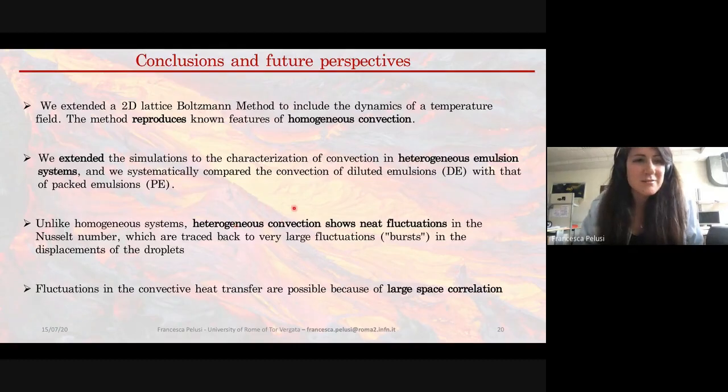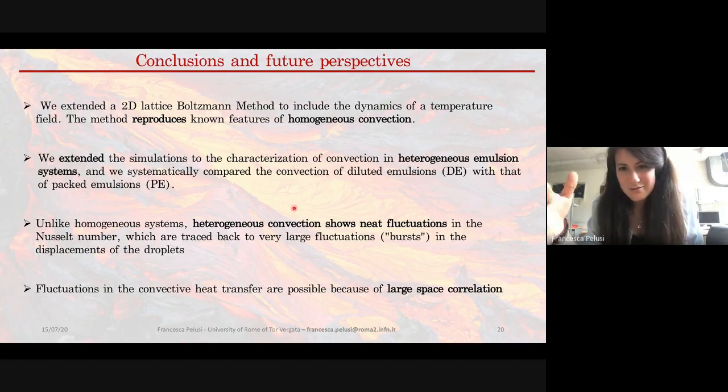So to summarize, first of all, I extended my lattice Boltzmann method to include also the temperature field. And I confirmed the validity by looking at the literature and what people know about homogeneous convection, meaning the simple Newtonian fluid. After that, I included also bubbles in the system, and I observed strong fluctuations if I increase the concentration of the droplets.